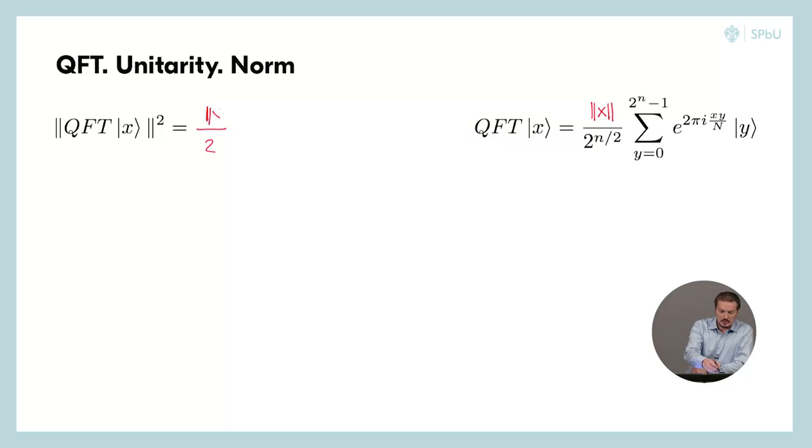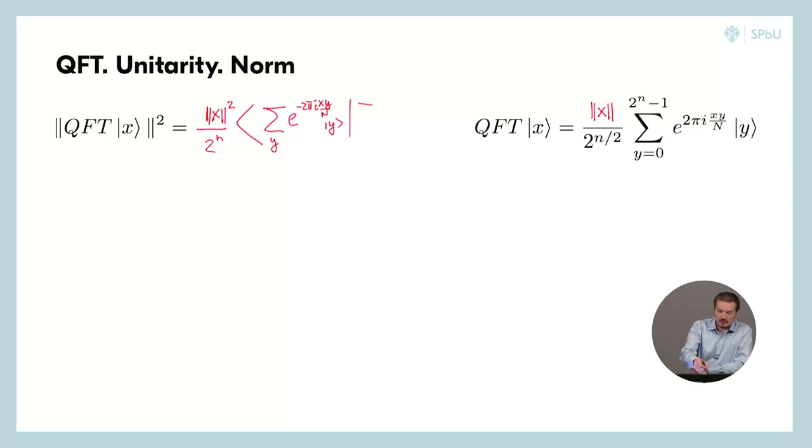So we have this squared norm of x here, and 1 over 2 to the power n here, and a big dot product of two sums over all y's, each sum over all these y's from 0 to 2 to the power n minus 1. On the first place, e to the minus 2πi xy divided by N, |y>.